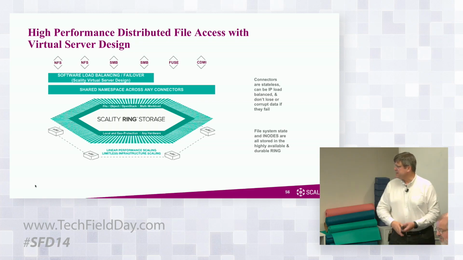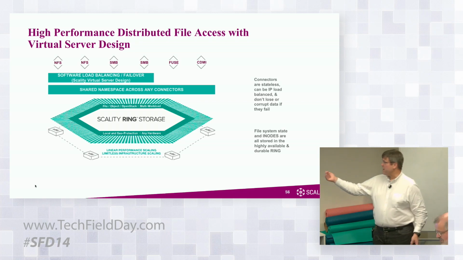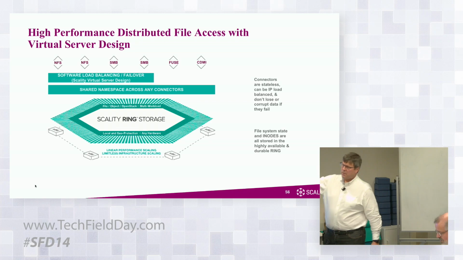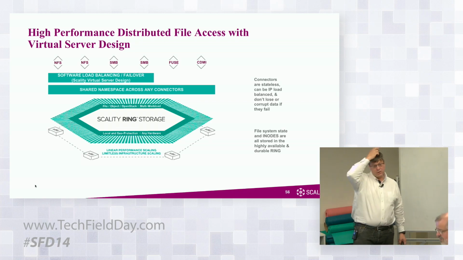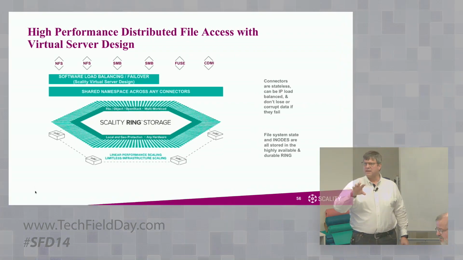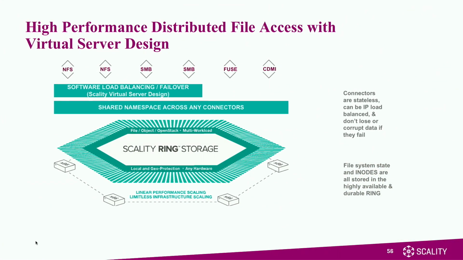A couple of other little details. We have a software load balance or virtual IP design that allows you to run the connectors, a process that gives you either SMB, NFS or HTTP access to the system. You asked about performance: we're limited to the bandwidth of a single connector for throughput on a volume, so you can add additional connectors and use virtual IPs to spread the load over a number of connectors.